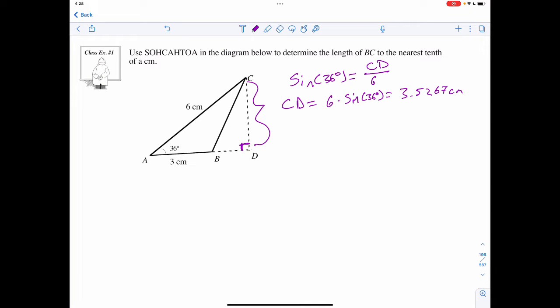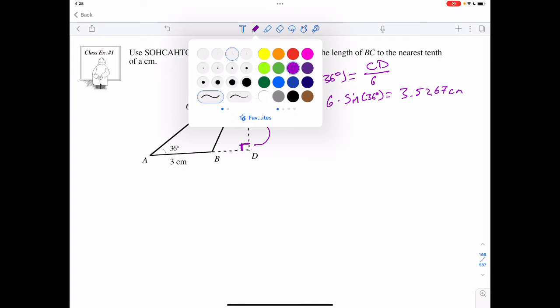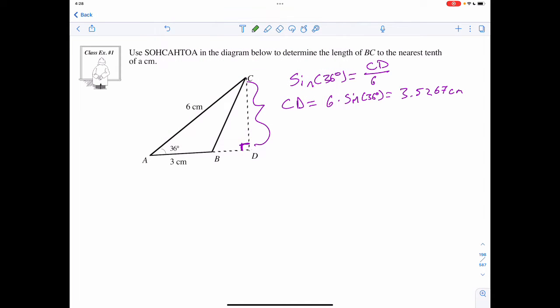We can use the same thing to solve for what the entire length of A to D is. In this case, we're just solving for the adjacent side length of this larger right angle triangle that we've created. And we can say that cos of my angle is going to equal AD divided by my hypotenuse of 6.